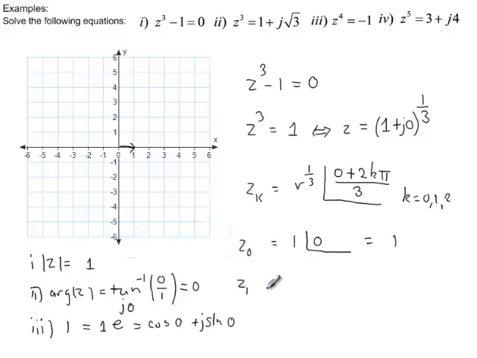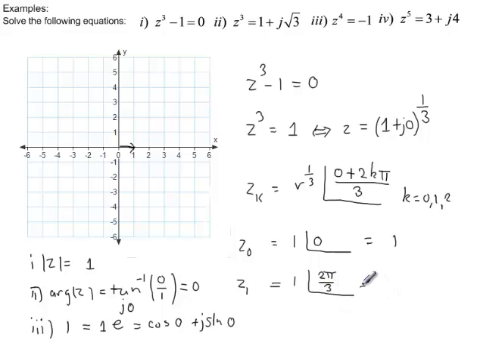Then z1: the cube root of 1, with argument 2 times 1 times pi over 3, which is 2 pi over 3. What number is this in rectangular form?